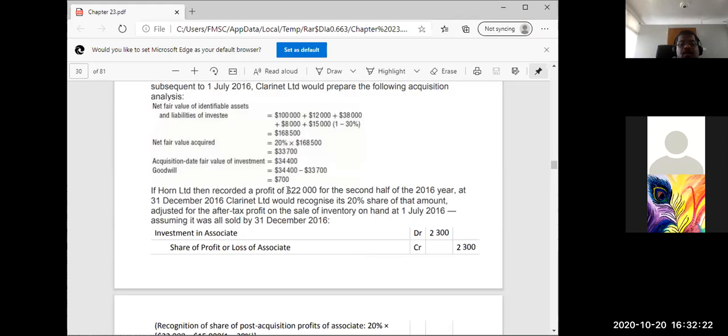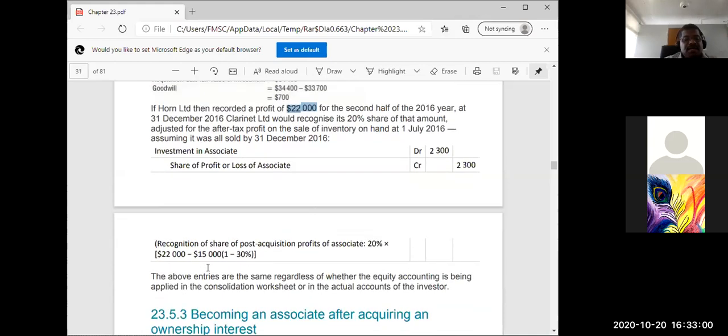If Horn then recorded a profit of 20,000 for the second half of the period at December, you would recognize 20% share of that amount, so 20% of this would be 2,300 and 2,300. Then recorded profit for the second half at December, you would recognize 20% share of the adjusted after tax profit. So you just take 1 minus 30% here, 22,000.